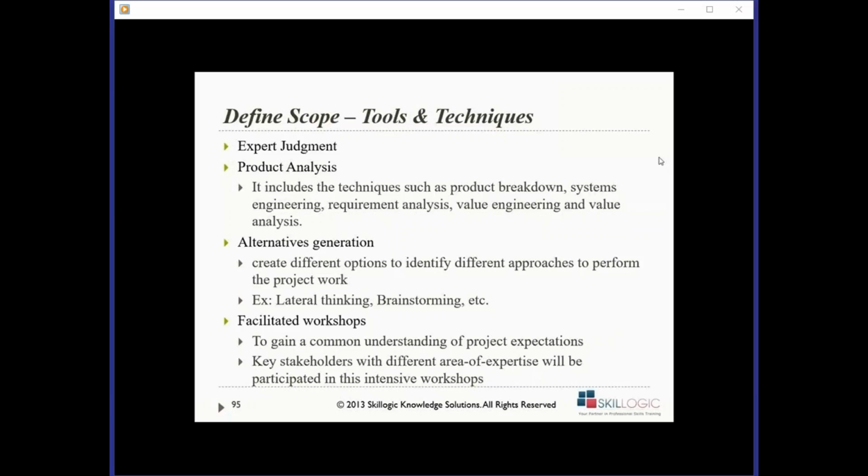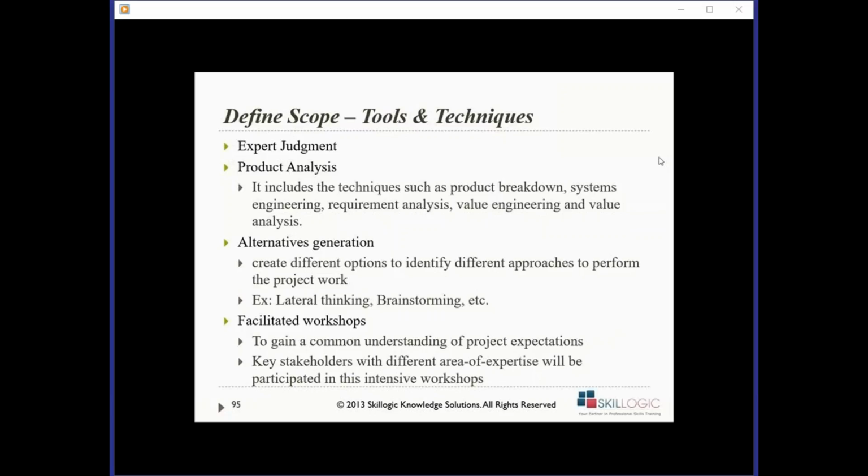That is, don't design a work package for more than 2 weeks. 80 hours is the rule within which we have to prepare the work package.